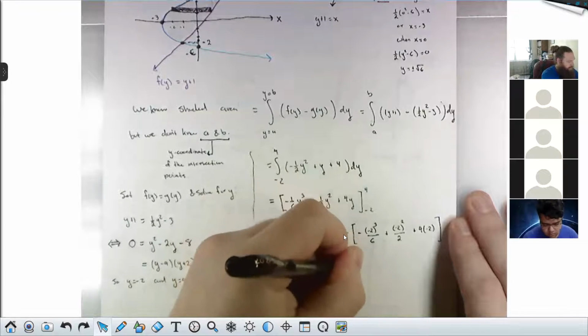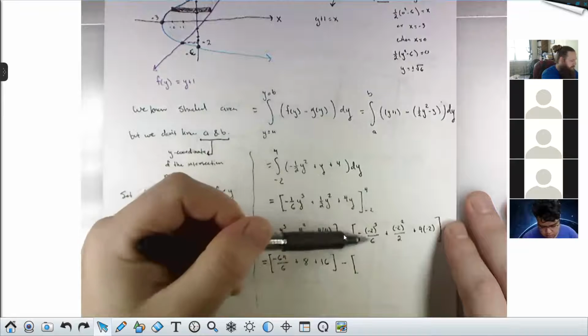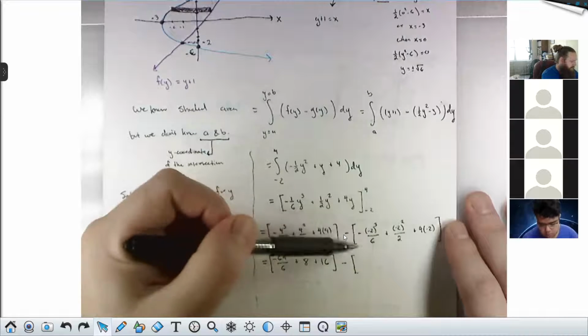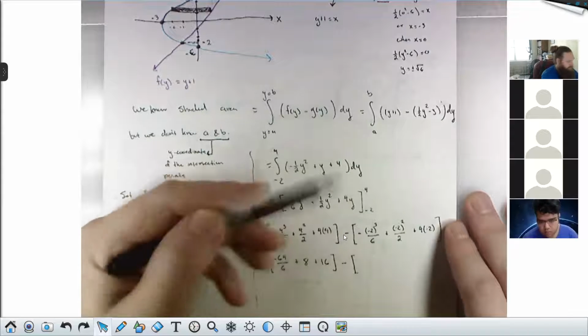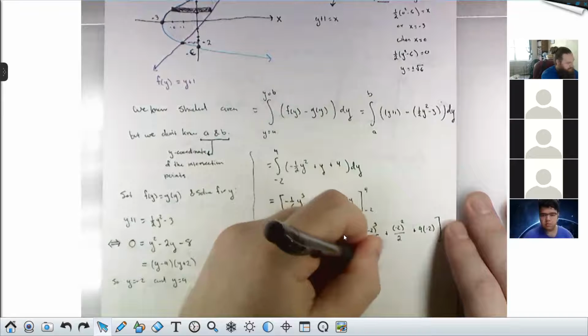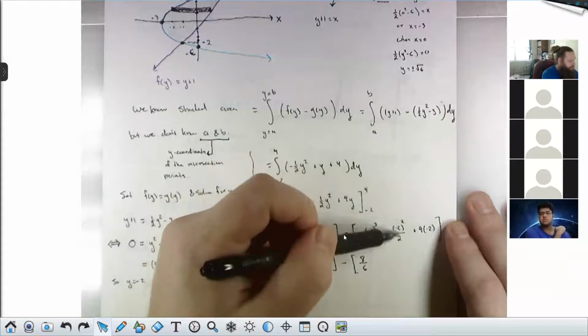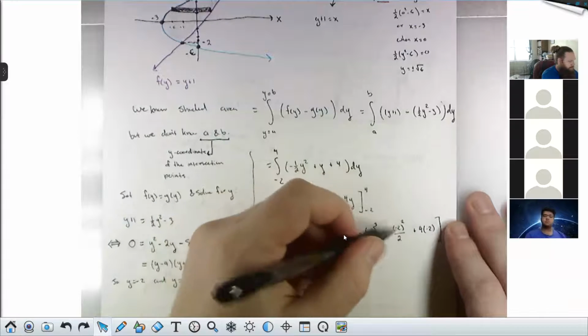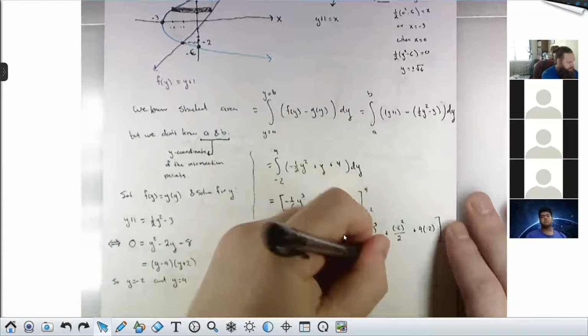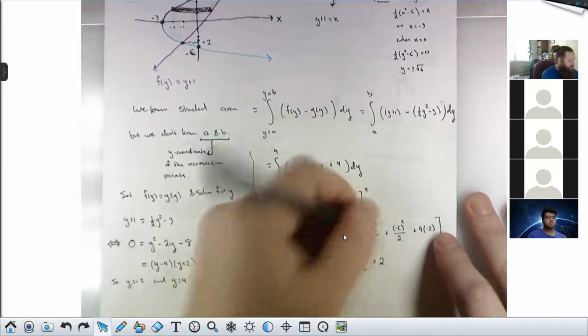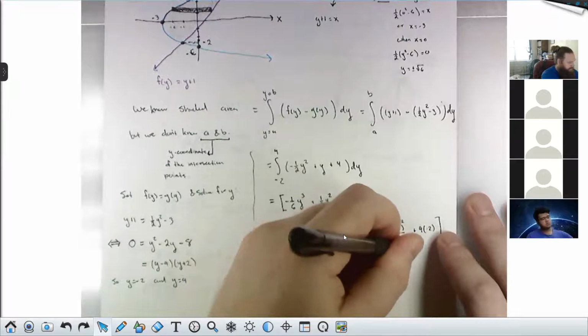Minus, and then let's clean everything up inside over here. -2 cubed is -8. -8 over 6 with the minus sign is +8, so that's an 8/6. -2 squared is +4. +4 divided by 2 is just 2. And then 4 times -2 is negative 8.